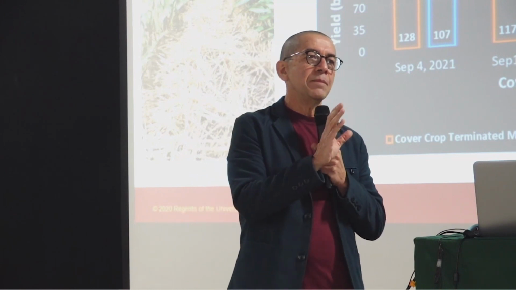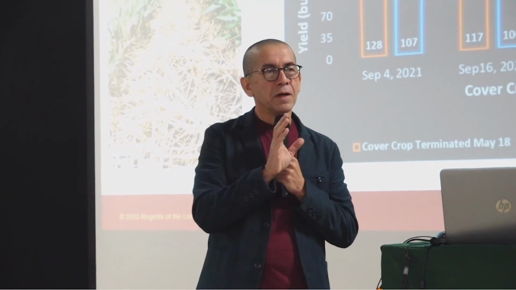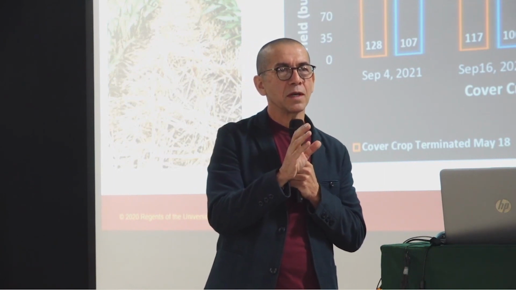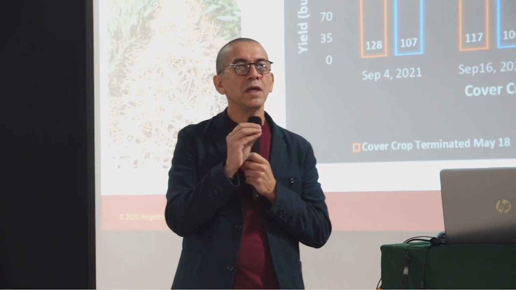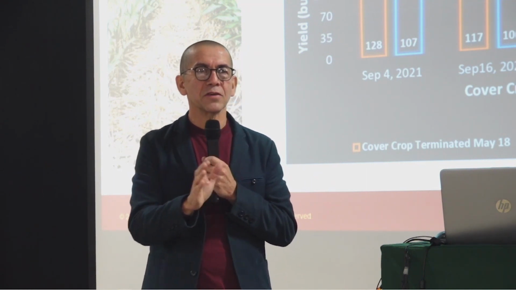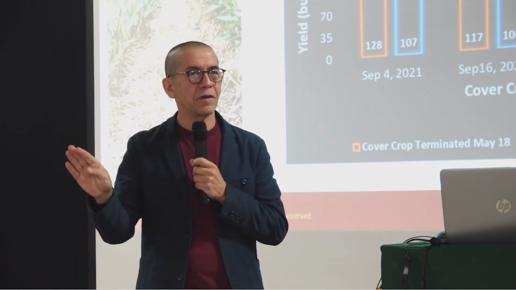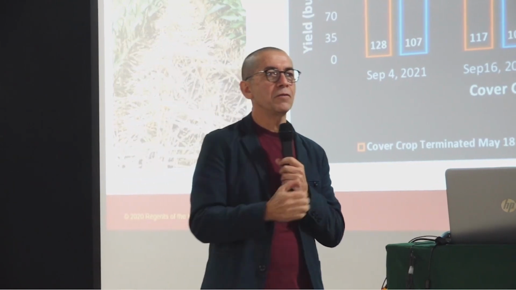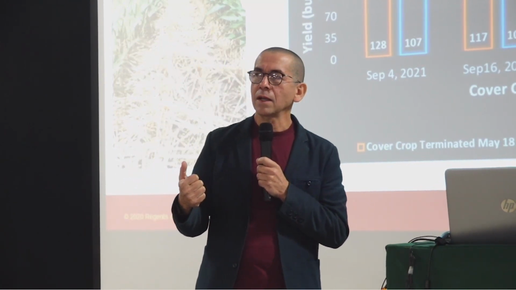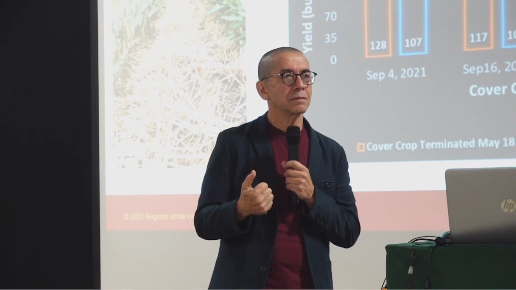This is the thing. Cereal rye is really very interesting, and other grasses as well, in terms of competition. We hear a lot that corn following cereal rye is a recipe for failure, right? Even if we wait 8 days, 10 days, 2 weeks, well, it depends.